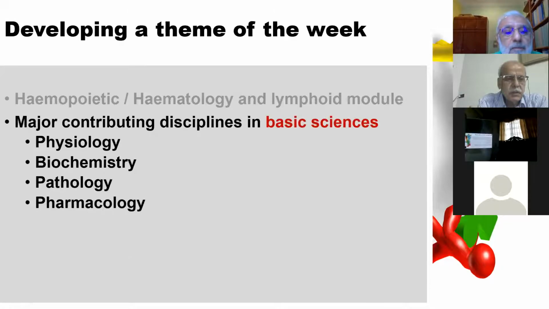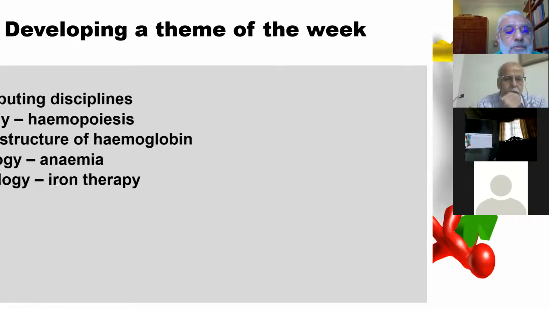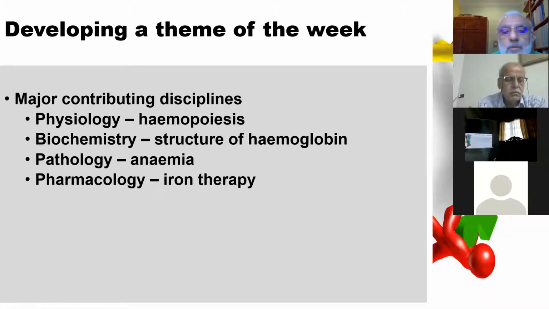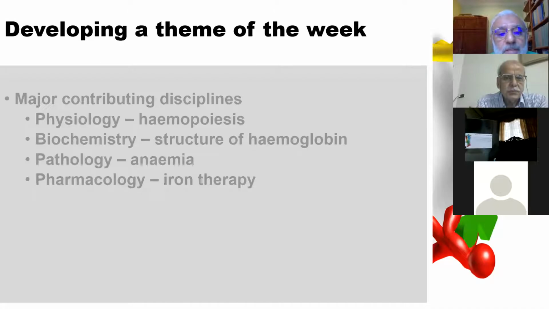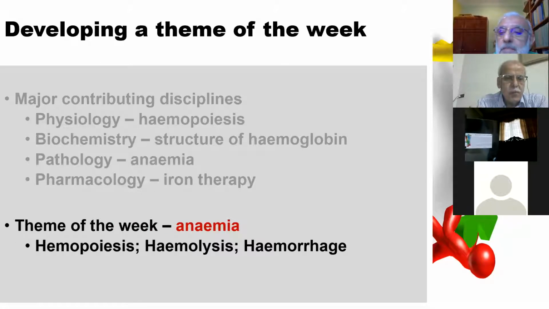And invariably, we come to a situation where physiology wants to teach hemopoiesis, biochemistry the structure of hemoglobin, pathology anemia, and pharmacology iron therapy. All these can be discussed under the theme of anemia. So anemia can cover all these.